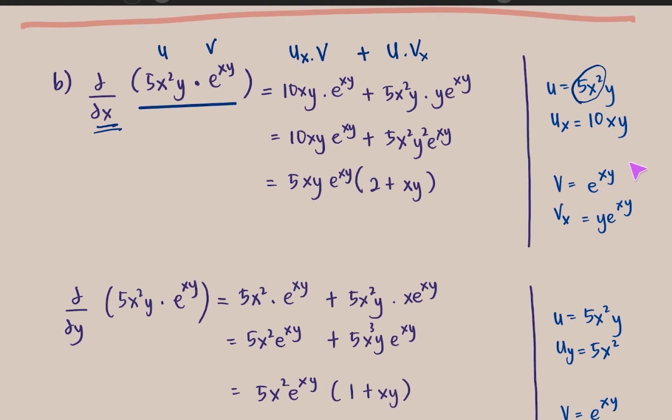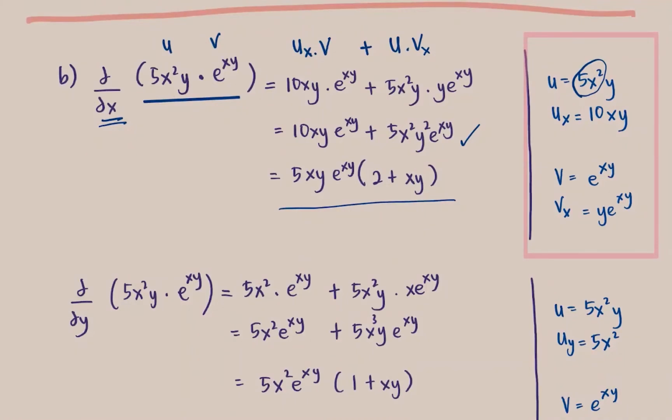And v equal to e^(xy), vx equal to y e^(xy). And rearrange, plug in the formula ux times v plus u times vx, and simplify, we're going to have this answer then. Even though you leave your answer at this, it is still correct. Which means the important part is you need to differentiate ux and vx correctly here.